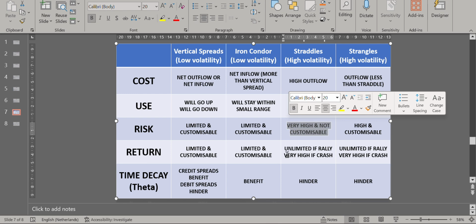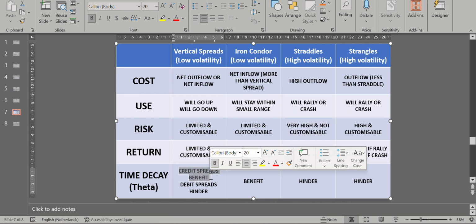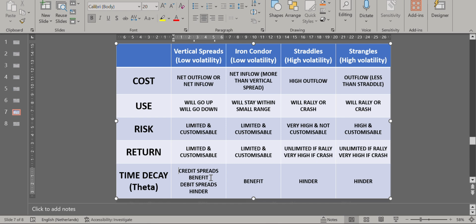And again, another important topic, which is the time decay, how much the strategy benefits from the passage of time. Again, credit spreads, because in the credit spread, the option that you sell is more valuable than the option that you bought.